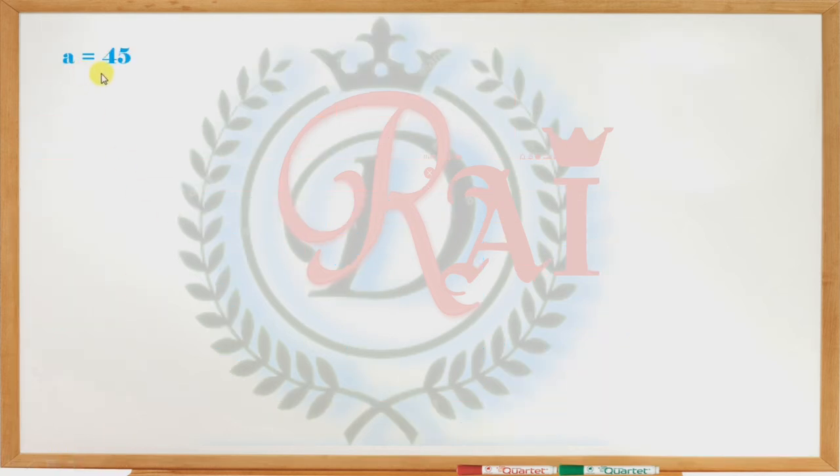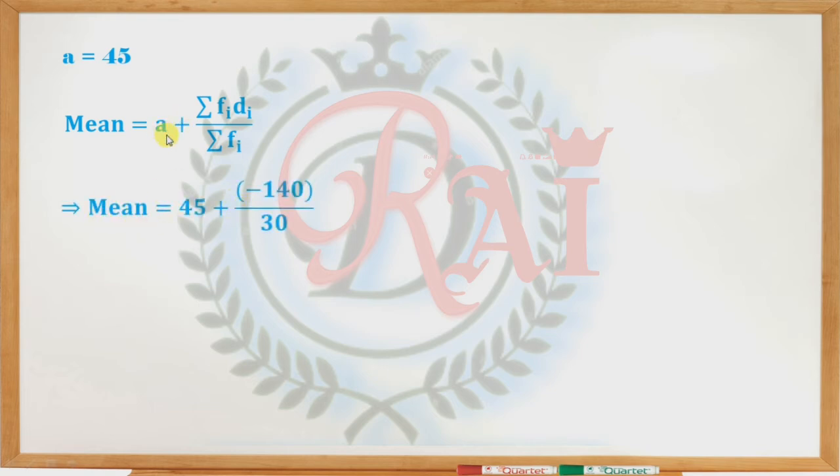Now a is equal to 45, mean is equal to a plus summation of fi di divided by summation of fi. Mean is equal to 45 plus summation of fi di, which is minus 140, divided by 30.